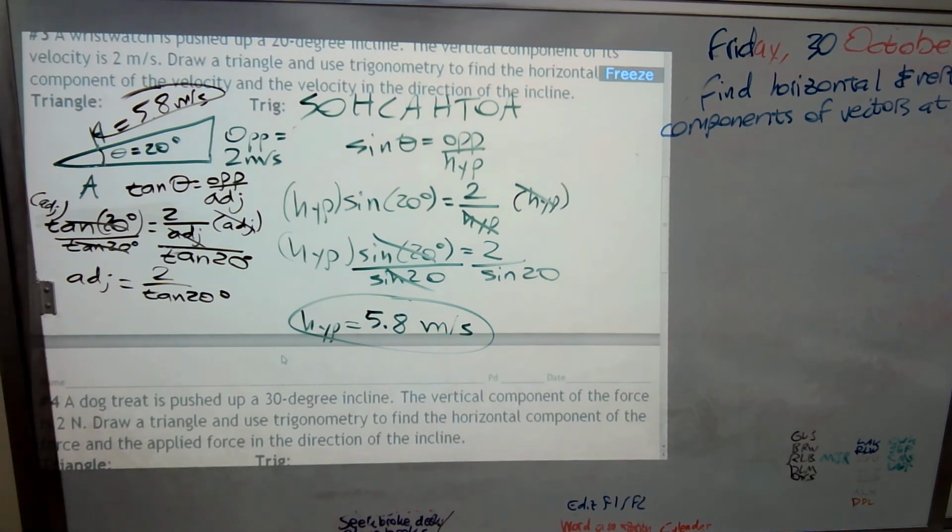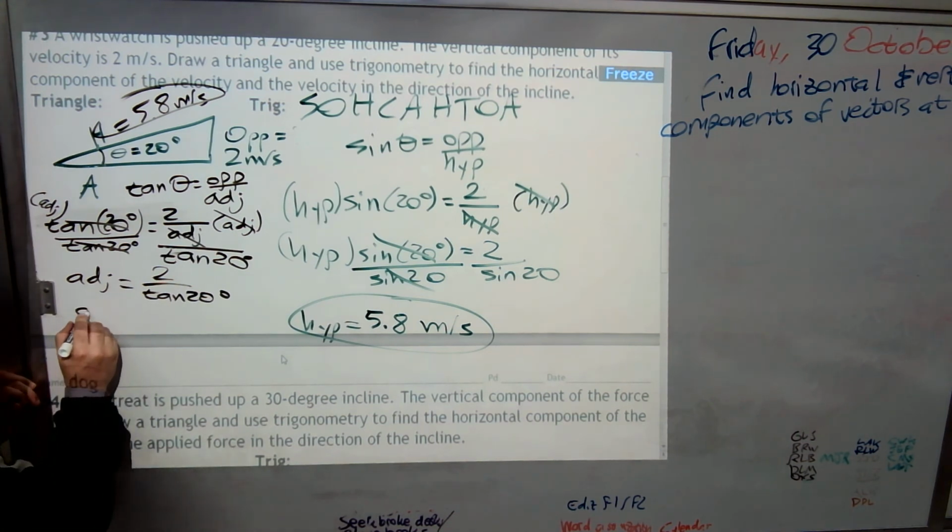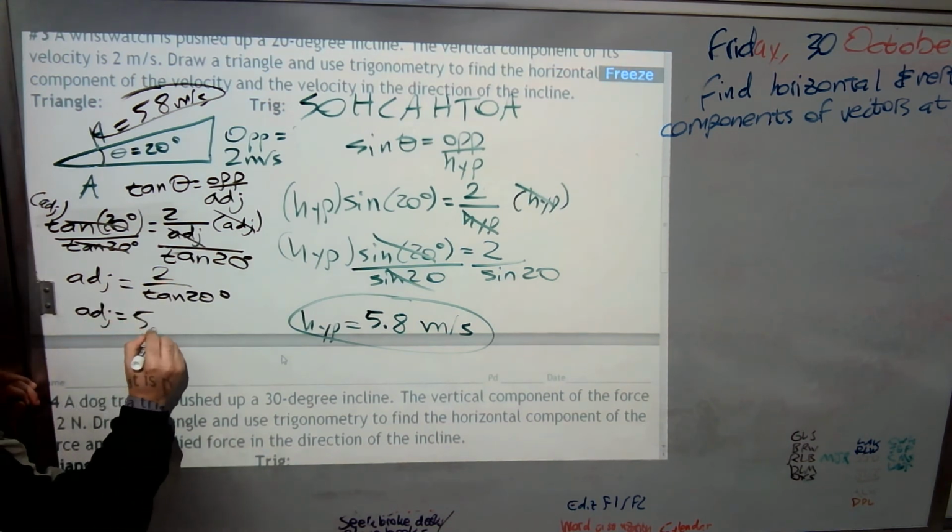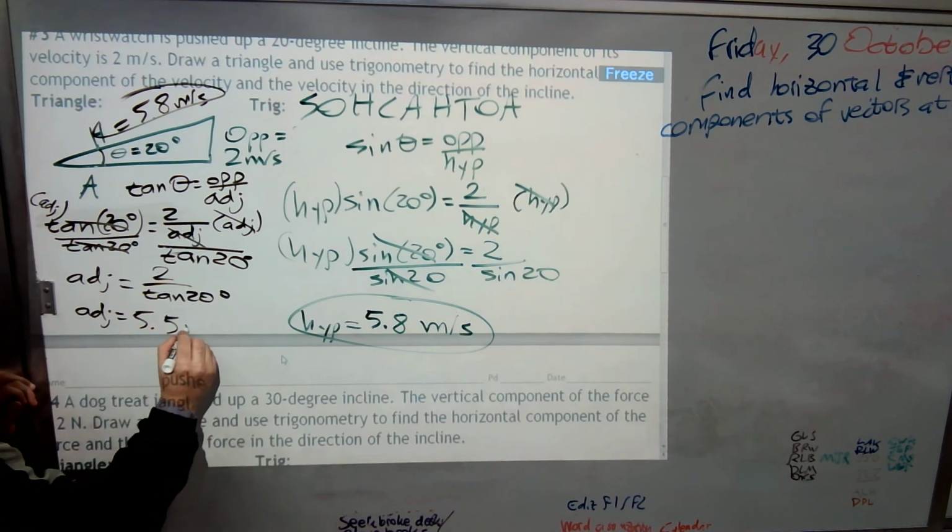And 2 divided by tangent of 20. I got 5.5 or something. And that's meters per second still.